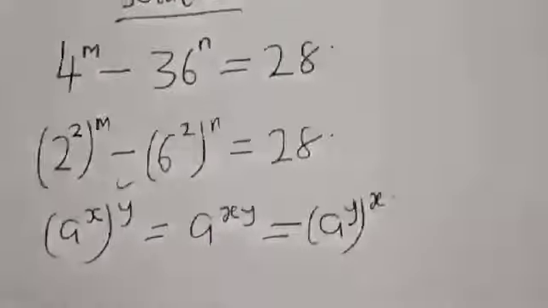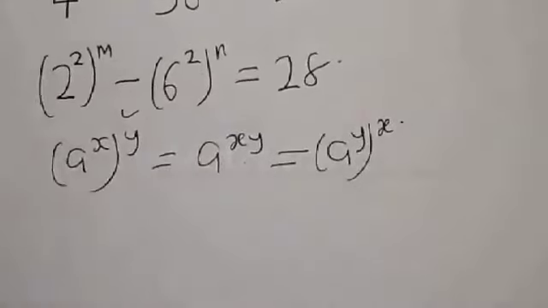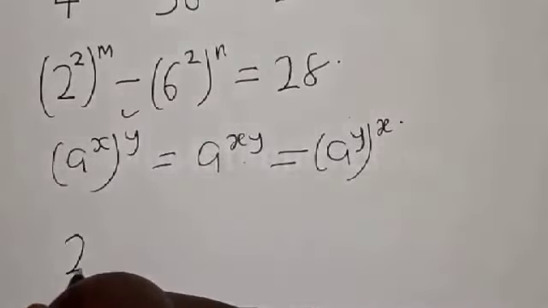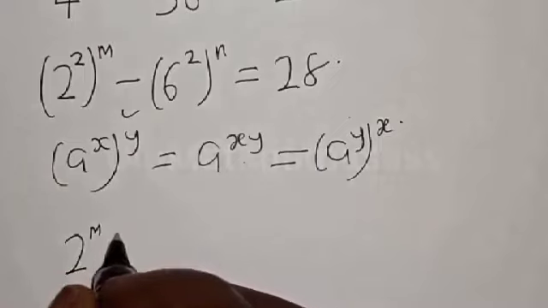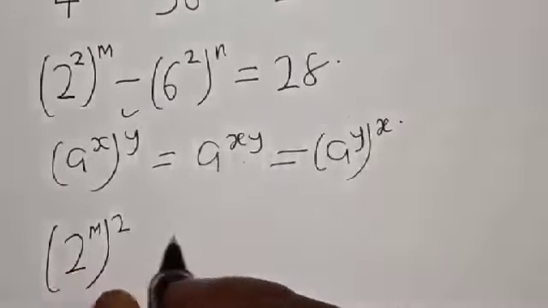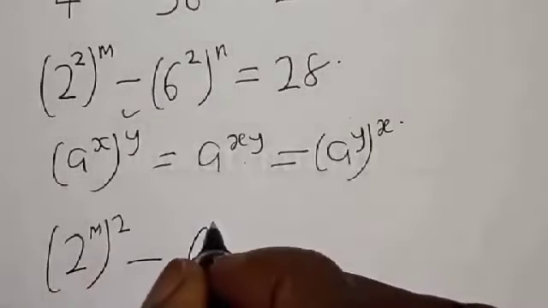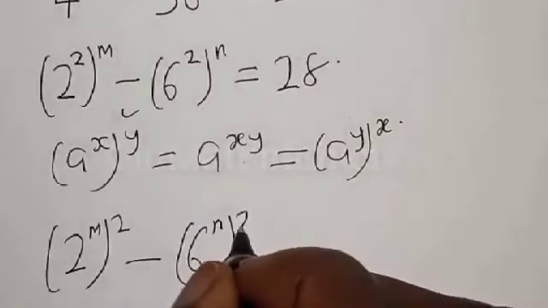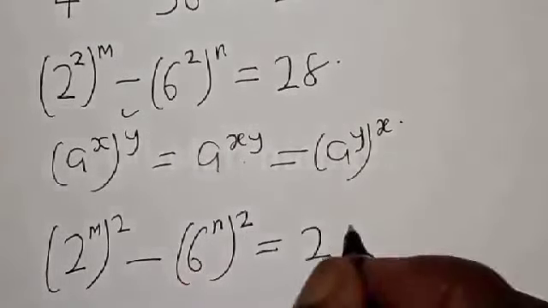Therefore, this equation becomes 2 raised to power m all squared minus 6 raised to power n squared is equal to what?